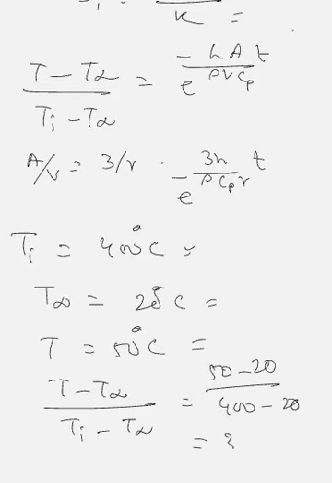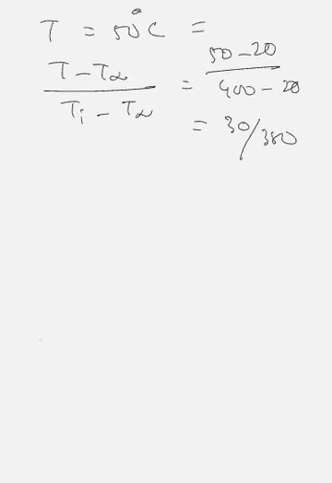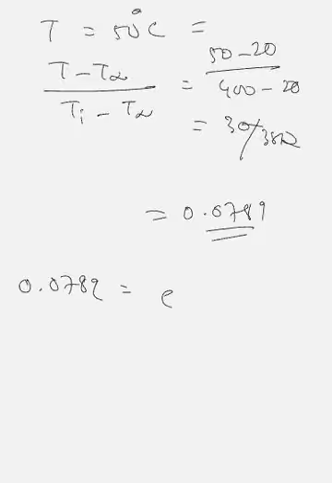So this is 30 by 380. This is near about 3 by 38. So this is 0.0789. Yes, so the equation becomes 0.0789 is equal to e to the power minus of 3h by rho into Cp into R into t.